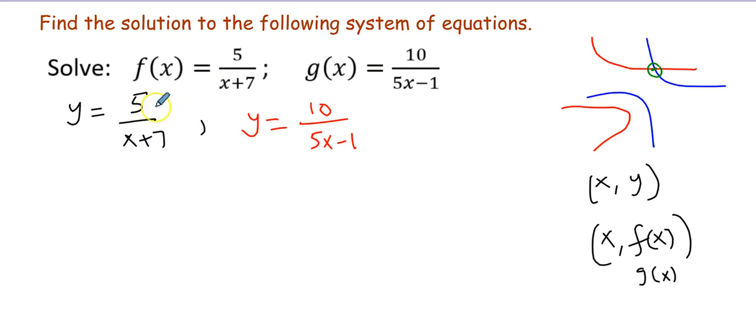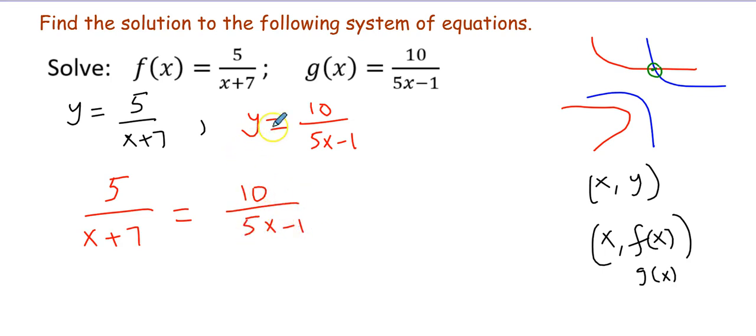Now, as the left hand sides are the same, I'll equate the two right hand sides and write 5 over x plus 7 is equal to 10 over 5x minus 1. That is, the right hand side of the first function is equal to the right hand side of the second.